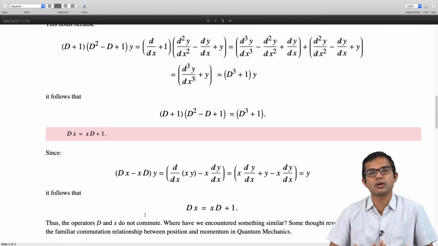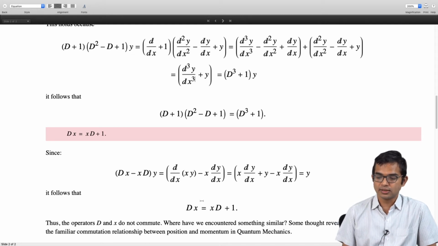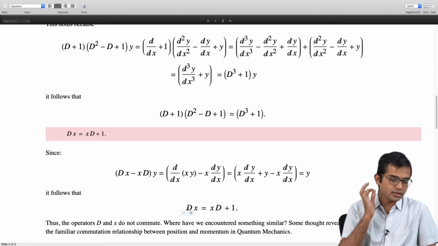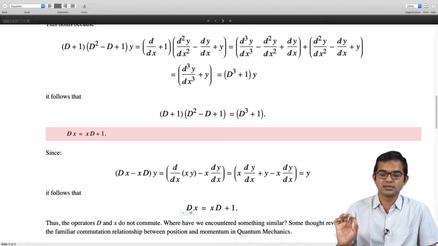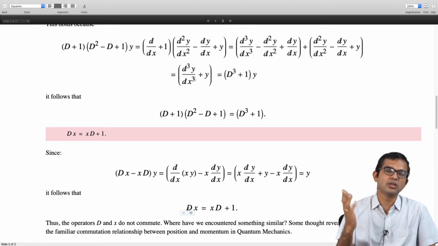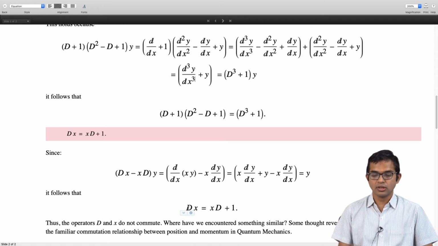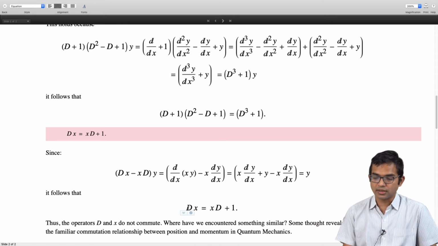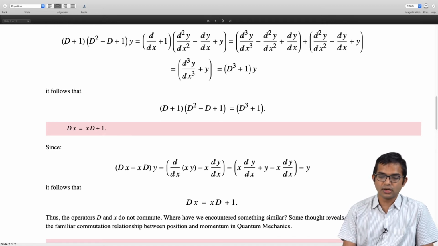There is a constant i times h cross, doesn't matter. But the key point is that there is this non-commutativity between x and d, which here turns out to be dx minus xd equal to 1. There you get x comma p, the commutator is i h cross. That comes because of the factors involved.